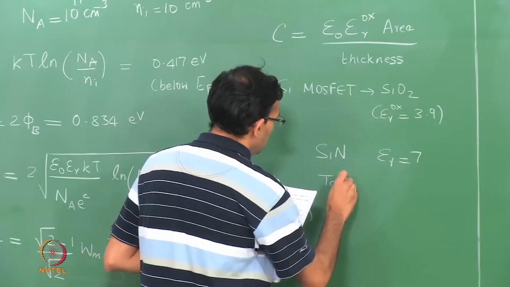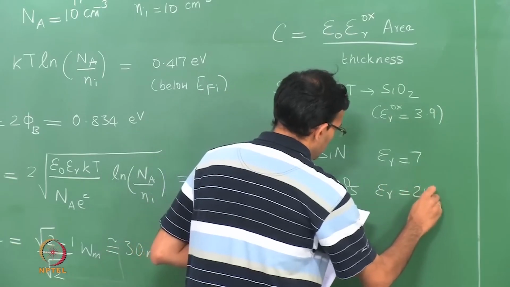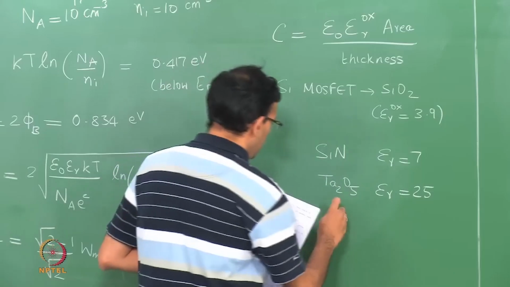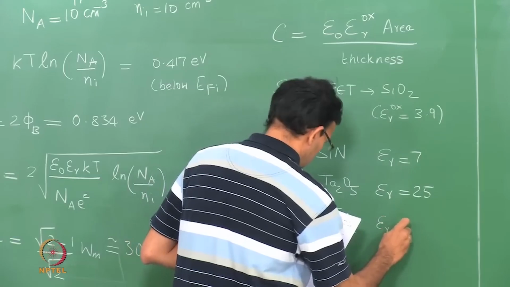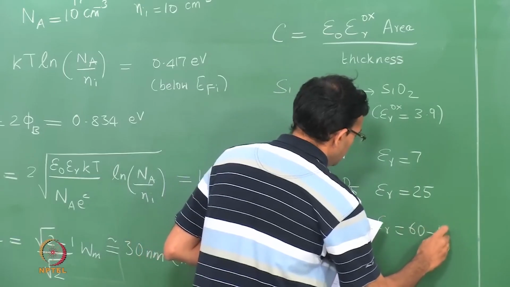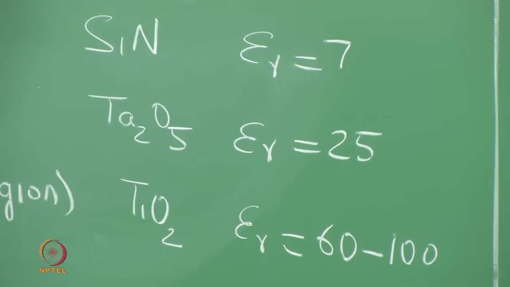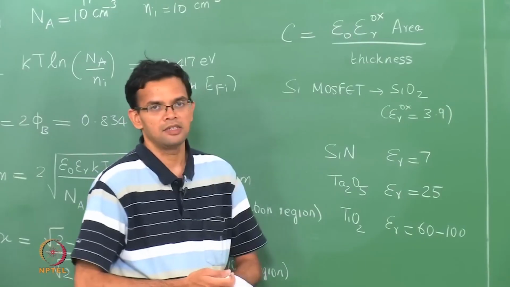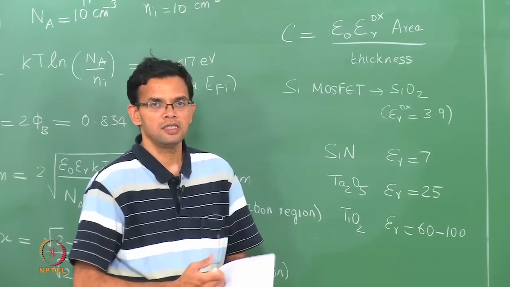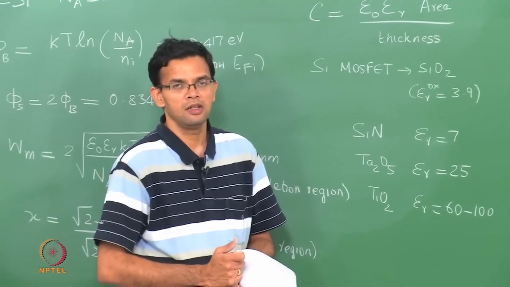So tantalum oxide is 25, titanium dioxide is anywhere from 60 to 100. So in the recent IC industry, we replace the metal oxide semiconductor with an insulator that has a high dielectric value. With this, we are done with the MOSFET part of the course and the transistors as well.